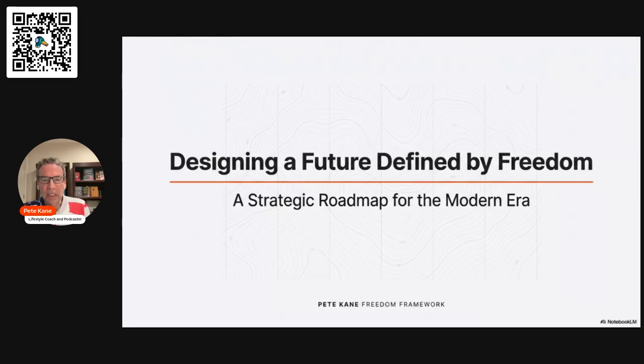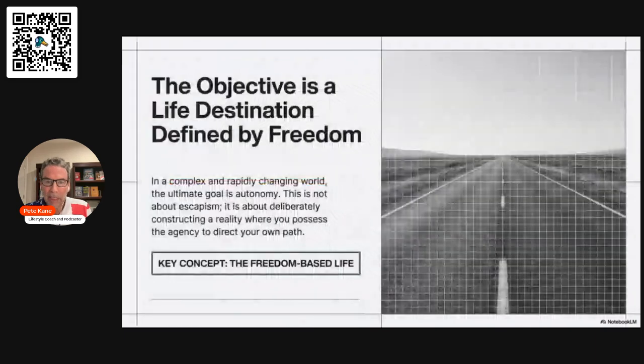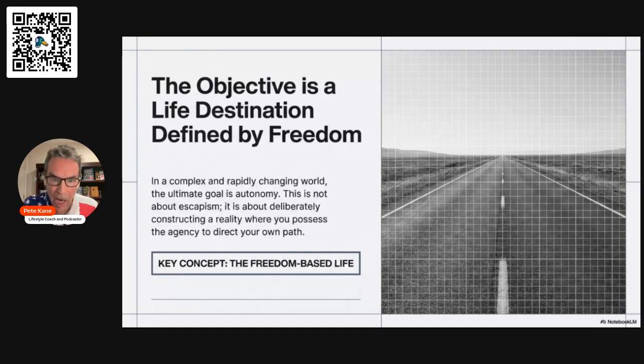All right, designing a future defined by freedom. A strategic roadmap for the modern era. The objective is a life design destination defined by freedom. In a complex, rapidly changing world, the ultimate goal is autonomy.